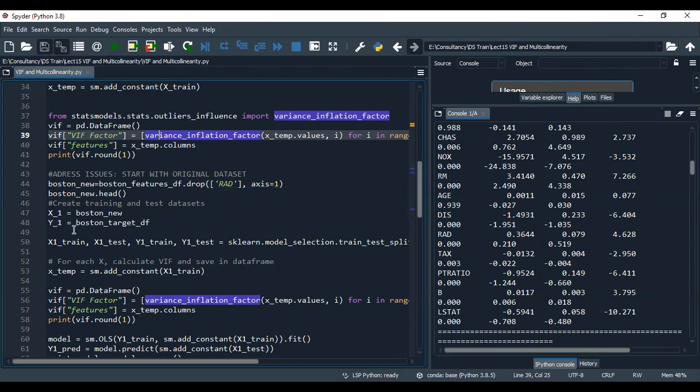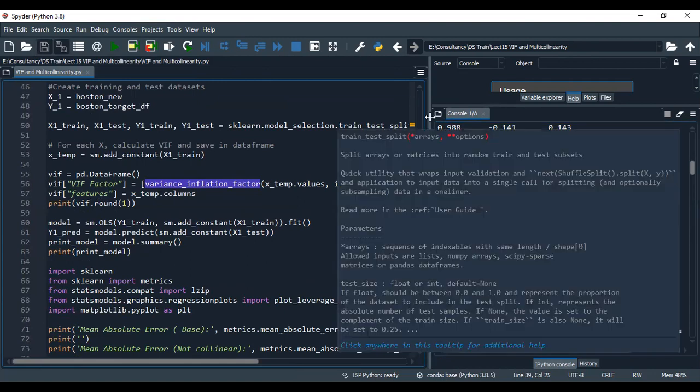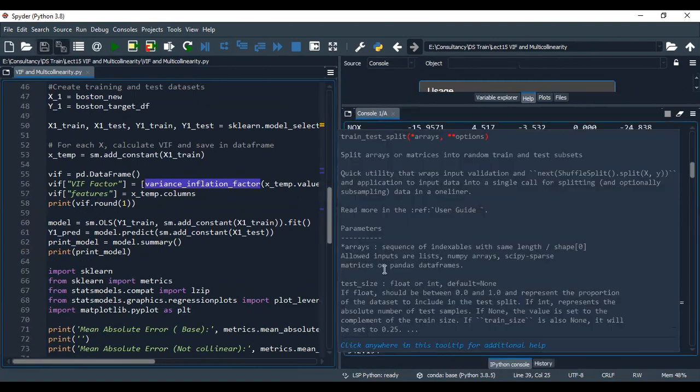Next, I am separating X1, the independent columns, and the dependent column. Then I am dividing it into training and testing data. After that, I am calculating the variance inflation factor for these features, and I'm printing it with the model summary.